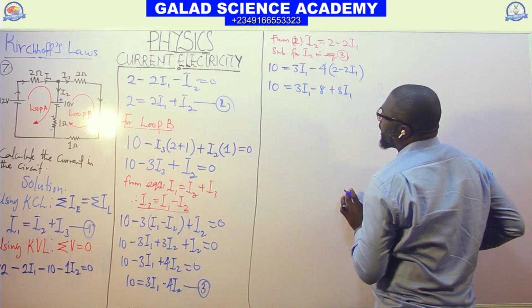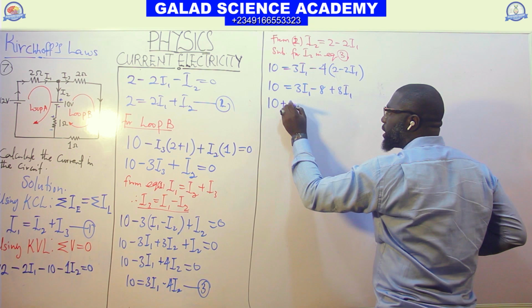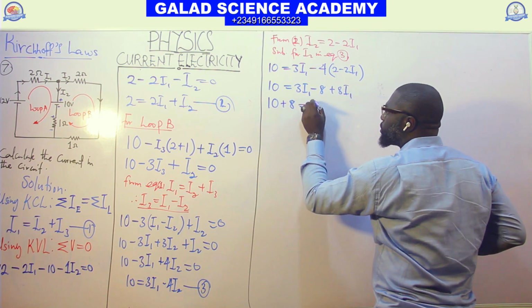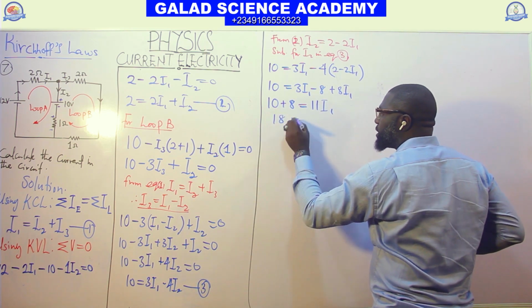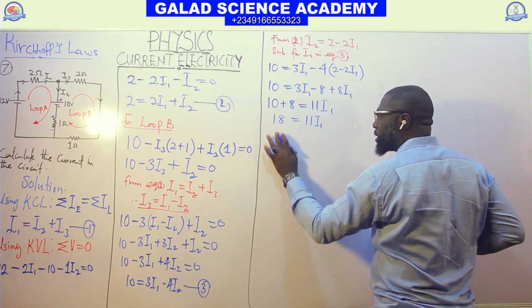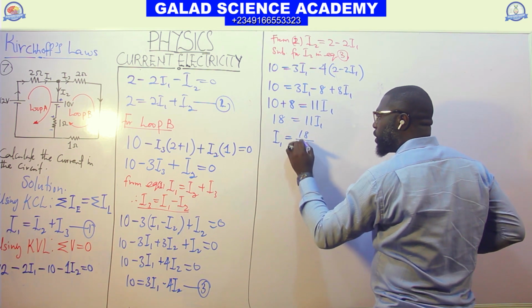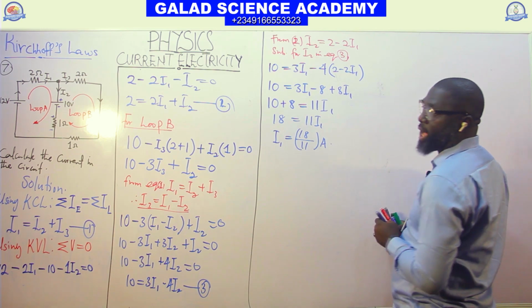Adding it together, we have 10 plus 8, then 3 plus 8, we have 11I1. Here we have 18 equals 11I1. So I1 will be 18 over 11 ampere.